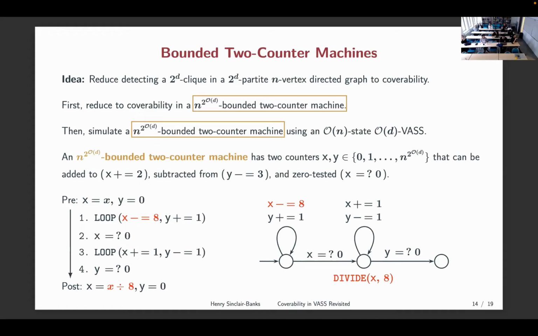Here, the lower bound is what, something known about it? That's a good question. I don't know off the top of my head. I know that if you're asking for reachability in an exponentially bounded one-counter machine, reachability is PSPACE-complete. This thing's going to be really hard, but I don't know.